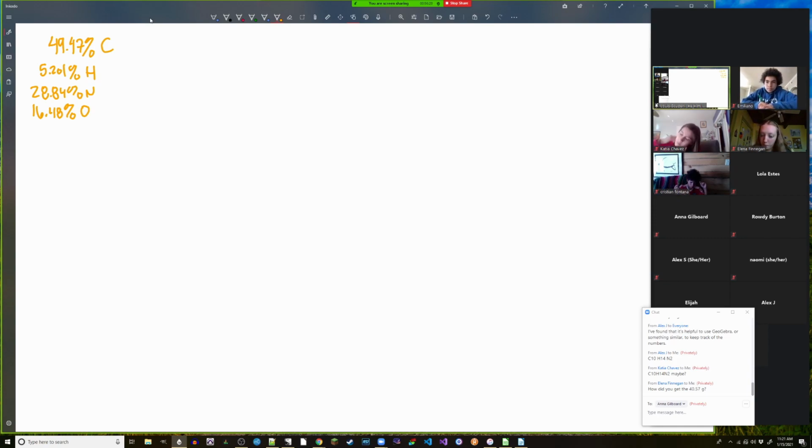And you also know that the molar mass of the substance is 194.2 grams per mole. So using these pieces of information, figure out the actual molecular formula of this nice molecule.